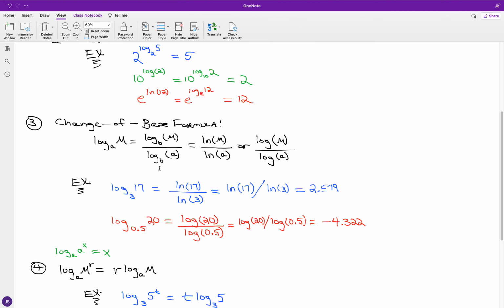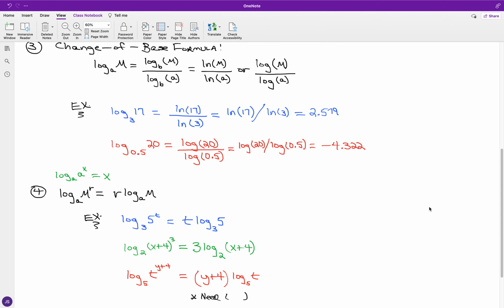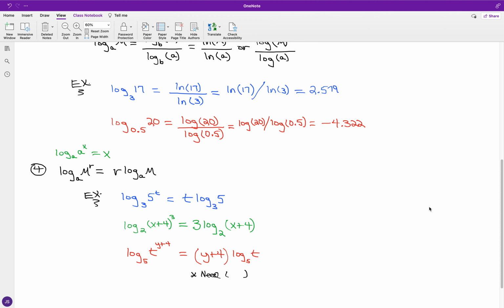This is where we had the change of base formula: the base a logarithm of m is equal to either the natural or base 10 logarithm of m with respect to the same logarithmic base of a. For the remaining property we looked at the other day, the base a logarithm of m to the r is equal to r times the base a logarithm of m.